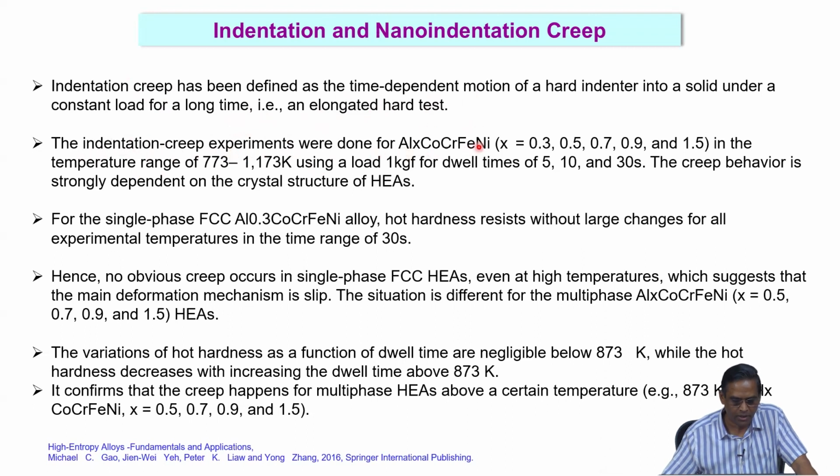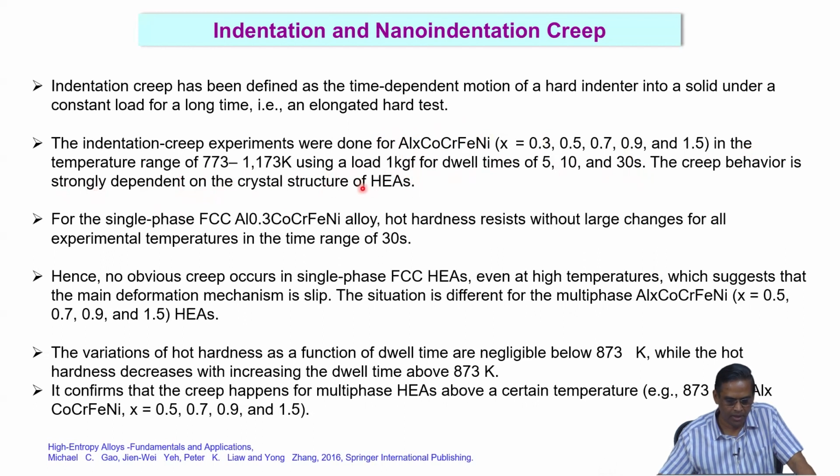Typically, indentation creep experiments were done for aluminum, cobalt, chromium, iron, nickel alloys with increasing aluminum content. In the literature all sorts of data are available. It's quite popular, with increasing aluminum content in the range of 773 to 1173 K, using 1 kilogram force load for a dwell time of 5, 10 and 30 seconds.